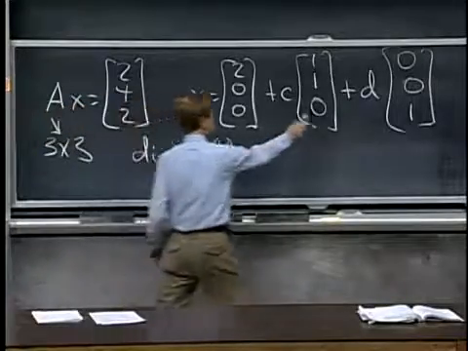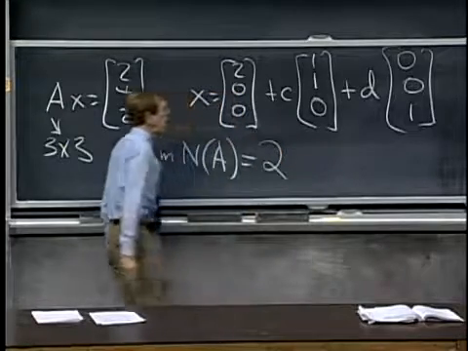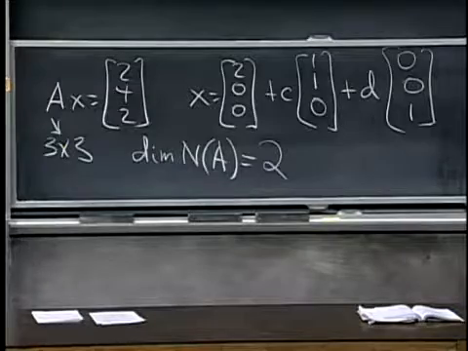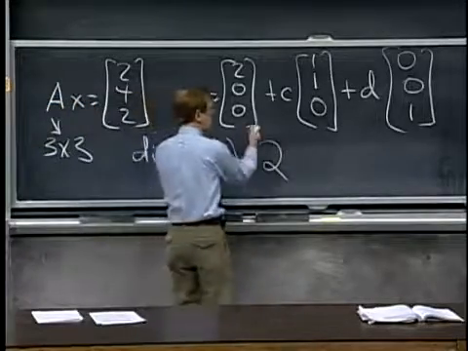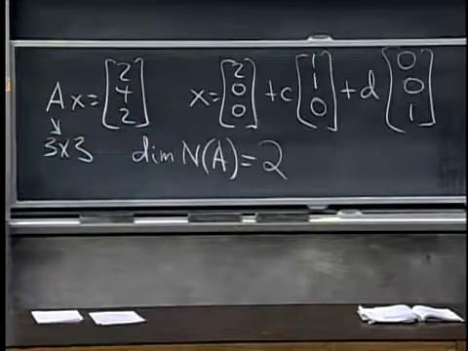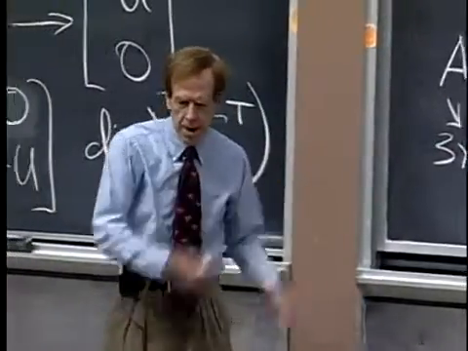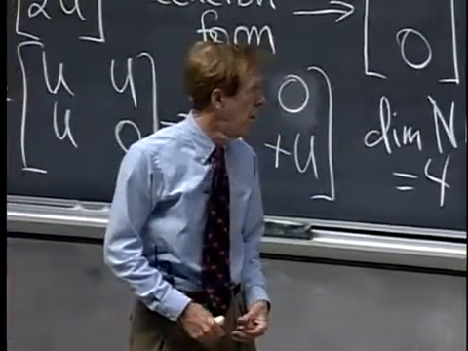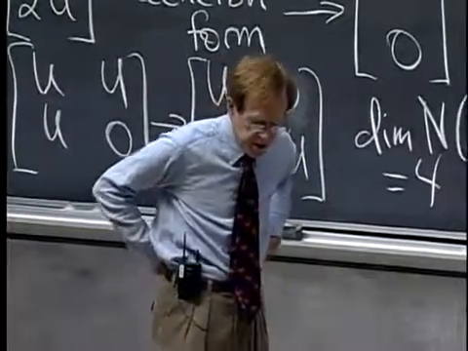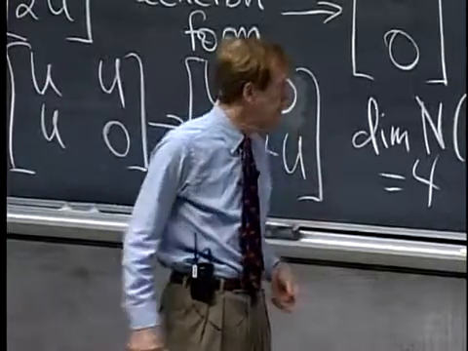I'm seeing 2 vectors here, and they're independent in the null space of A because they have to be in the null space of A. If I'm allowed to throw into the solution any amount of those vectors, that tells me that's the null space part. So the dimension of the null space is 2, and then of course I know the dimensions of all 4 subspaces. Now actually it asks, what's the matrix? What's the matrix in this case?